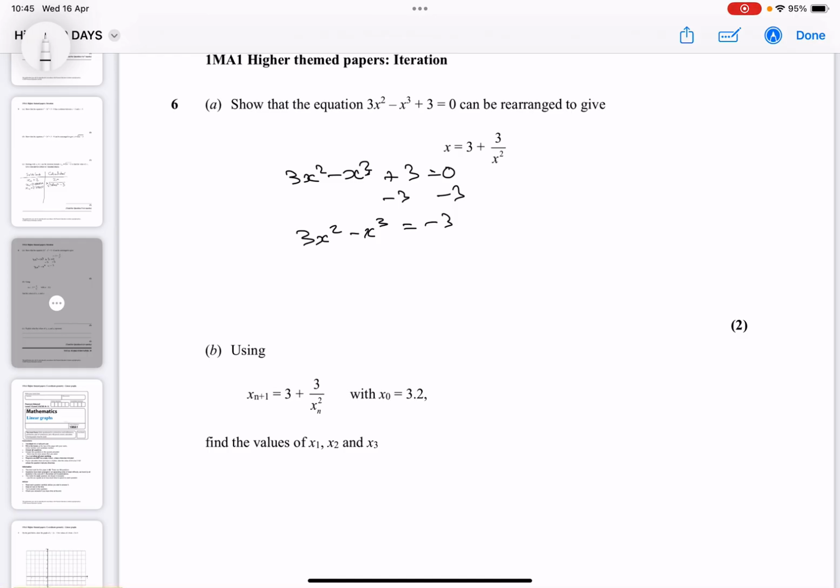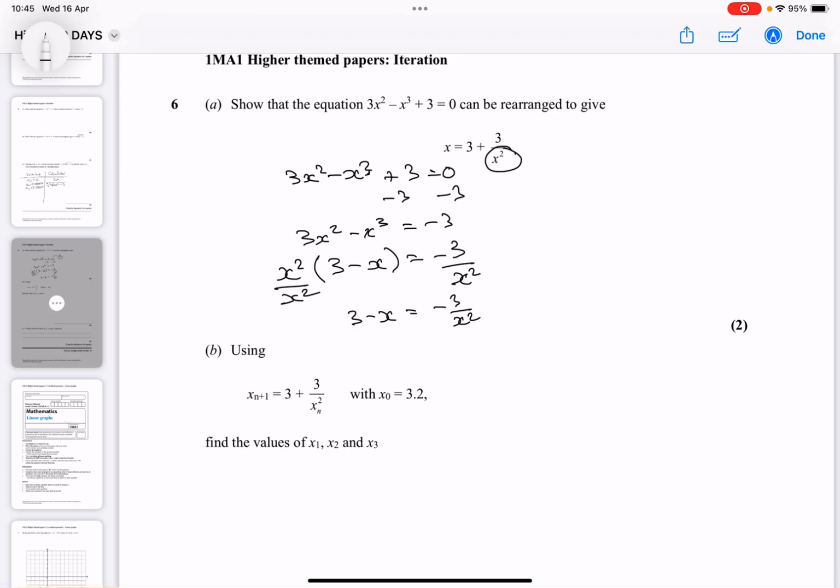I'm then going to factorise out by the x squared because I need the x squared there. So I've got x squared, and that leaves me with 3 take x equals minus 3. Divide by that x squared. And then what I've got is 3 minus x equals minus 3 over x squared.